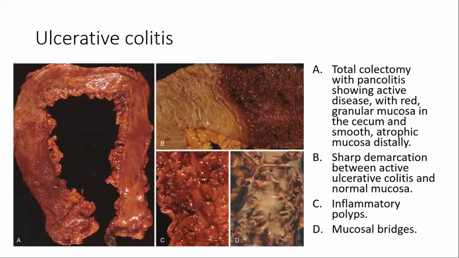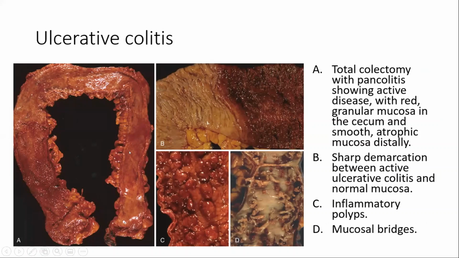How about ulcerative colitis? This is a total colectomy specimen. We can see that the lesion is continuous, from the rectum up to the proximal colon. It appears reddish like this, with granular mucosa because of inflamed mucosa.